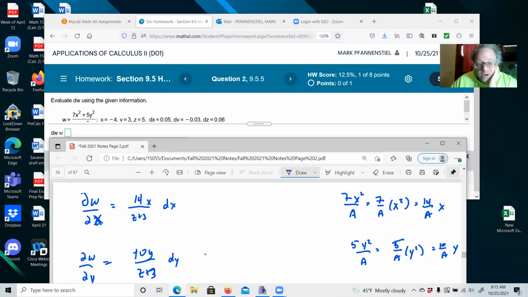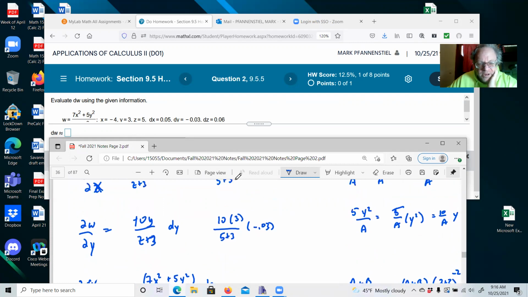Okay, so let's just put in our numbers. We got 14 times negative 4, that's my x, divided by what's z? z is 5 plus 3, and my dx is 0.05. We have 10 times y over, again, our 5 plus 3 times negative 0.03.